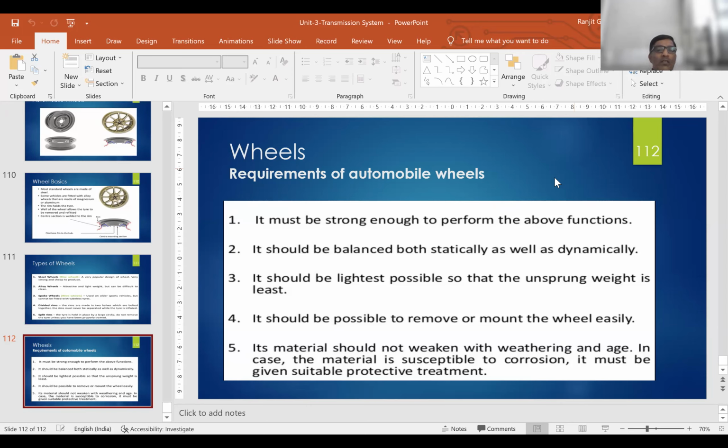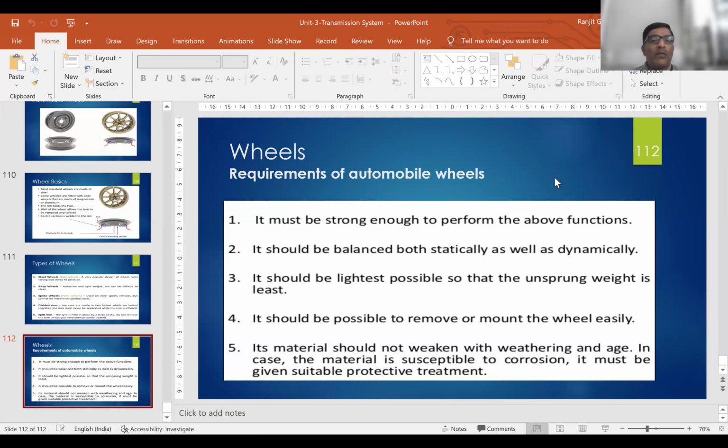So whenever a turn is required or the driver wants to negotiate the turn, the driver needs to steer the steering wheel. Accordingly, the turn can be negotiated.